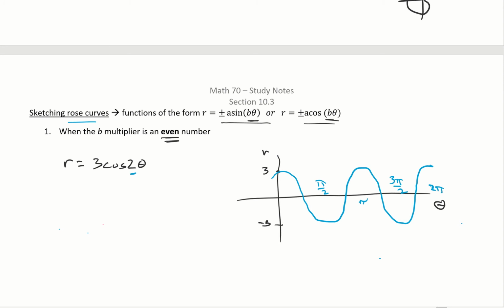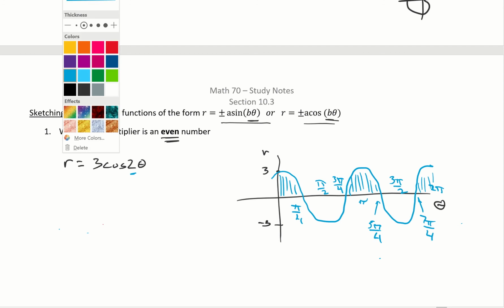In between, these are important too, pi over 4. And I think if you go by fractions, this is 3 pi over 4 and 5 pi over 4 here. And finally, 7 pi over 4. And it makes a difference because you start off positive, and then this is a positive region, and so is this one.